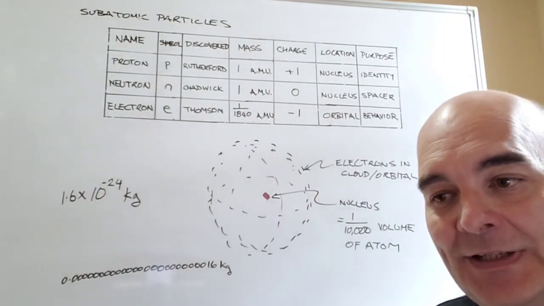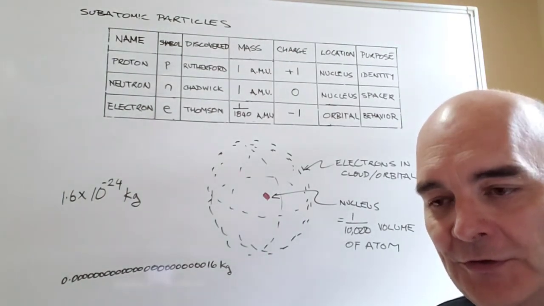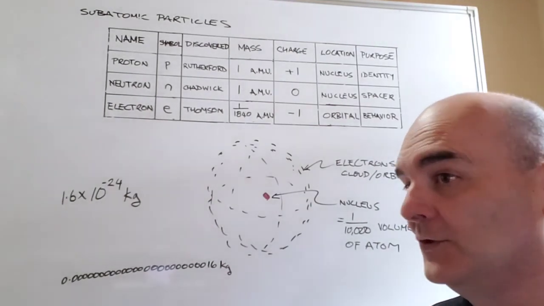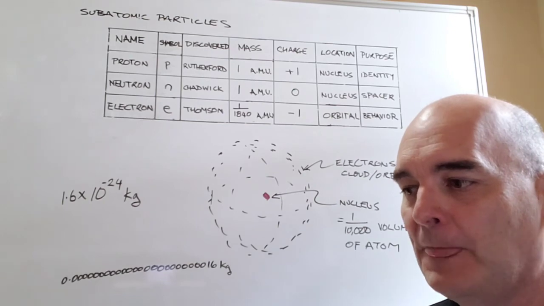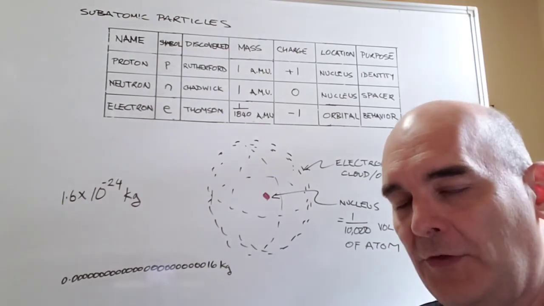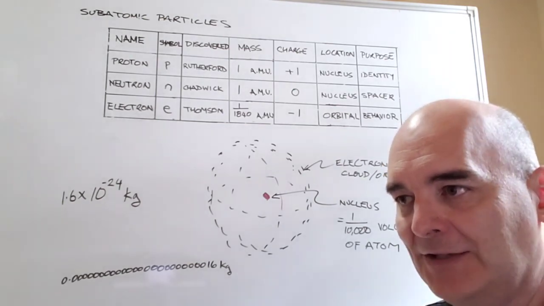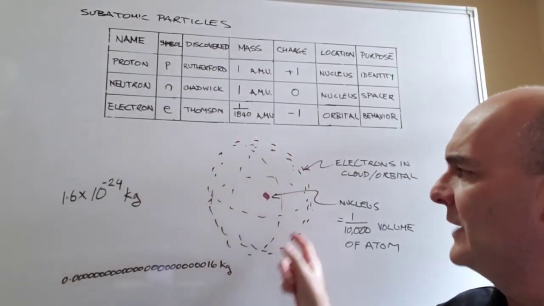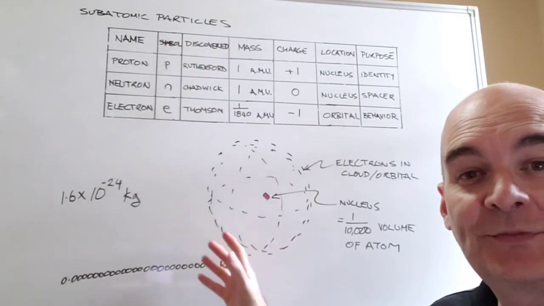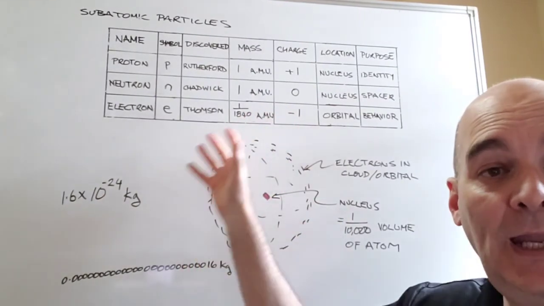So the nucleus contains the protons and neutrons, and I need 2,000 electrons to be equal to the mass of one proton. So almost all of the mass of the atom is inside the nucleus, and then the electrons occupy the rest of the space, this open space right here.